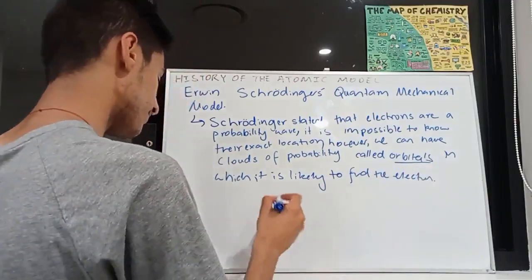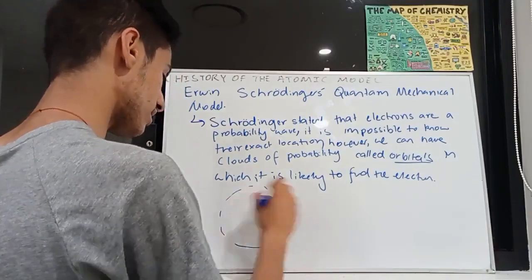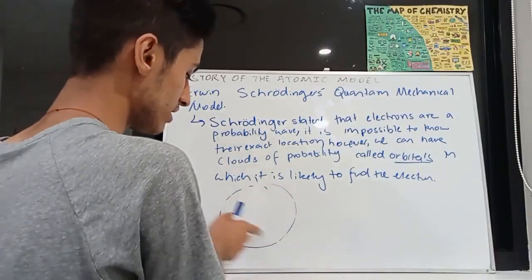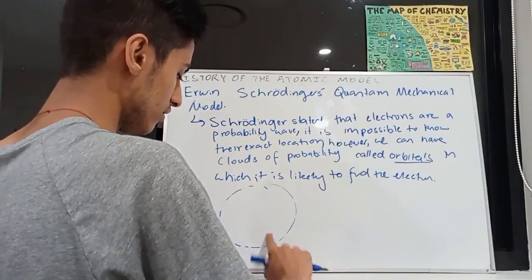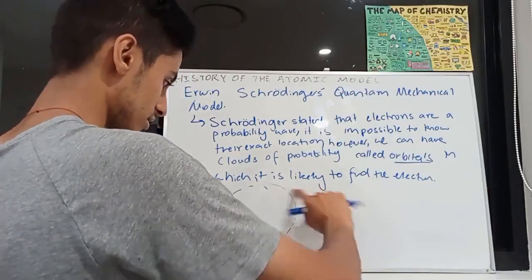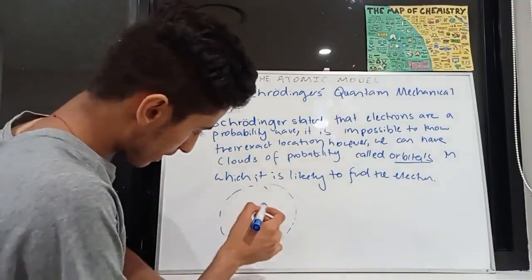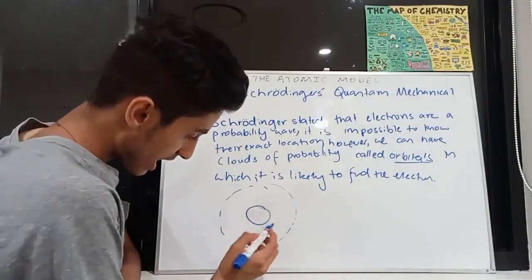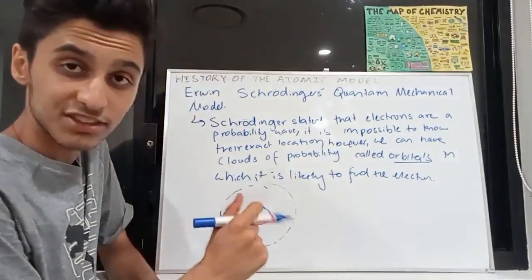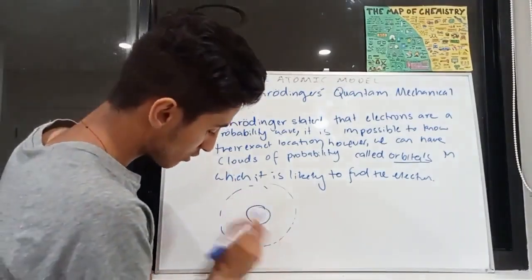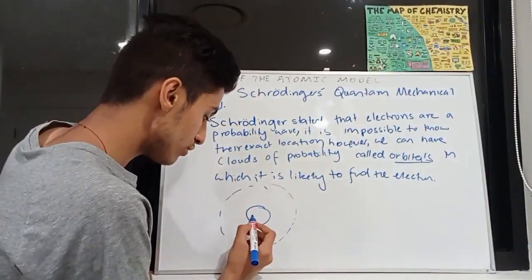Okay, so a visual representation, this is really difficult to give, because of course there are so many components to it, but I'll try my best. So you have your nucleus, and this time it's not just positive charge, it's not just a bunch of protons, there's also neutrons.